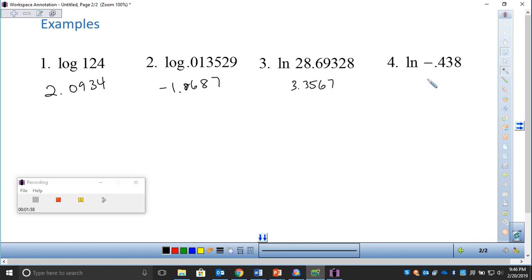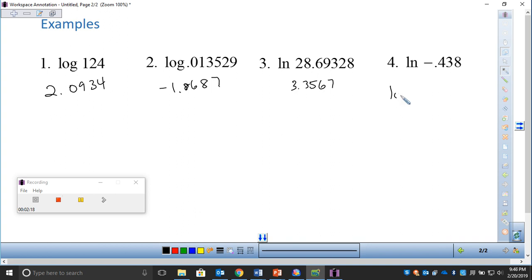Call it 6.7. Now this next one, natural log of negative 0.438. If you type that into your calculator, you're going to get an error, and it says it's a non-real answer. That's what my calculator says, at least. And what that's looking for is, again, think about what this is.